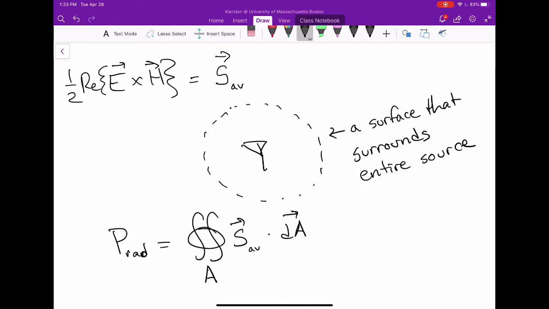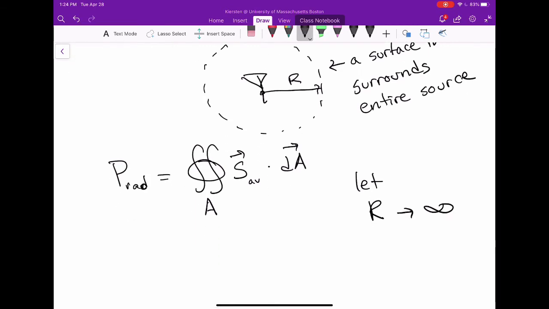Now, what if we choose a sphere of radius r, and then we let r approach infinity? That Poynting vector is going to have some terms that are 1 over r squared, because those are the contributions of the E and H, both proportional to 1 over r.